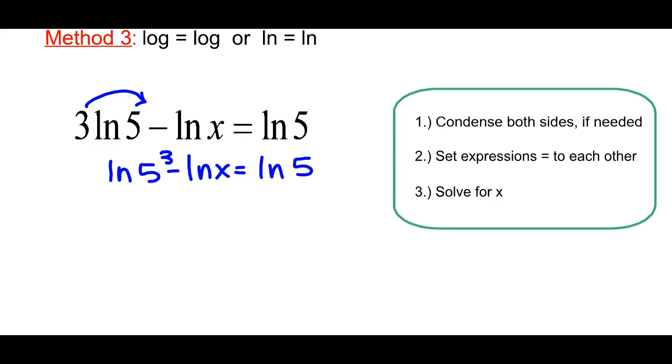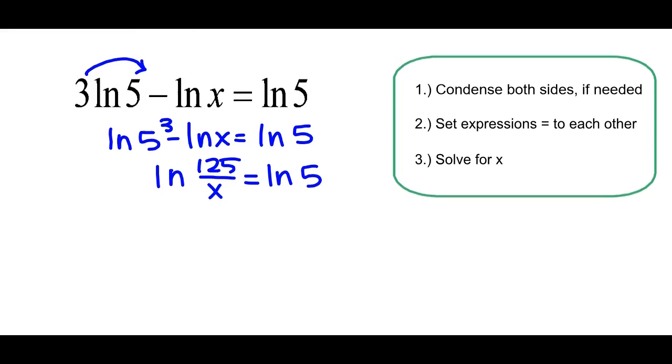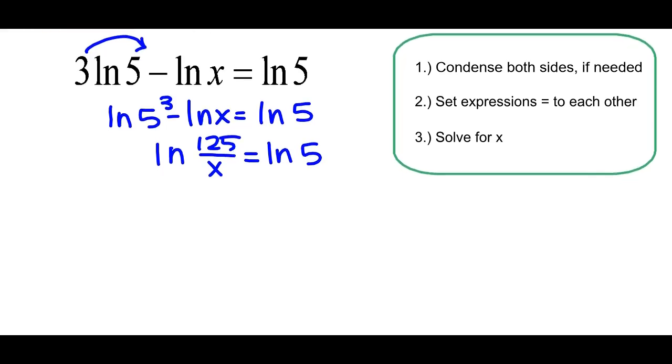I have two logarithms that are being subtracted, so I can condense them into one using division. 5 to the third is 125, so it's really 125 divided by x equals the natural log of 5. I have a single logarithm on each side, so I'm going to take the expression 125 over x and set it equal to 5.